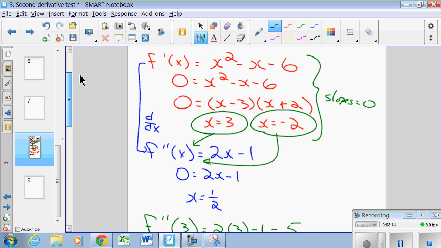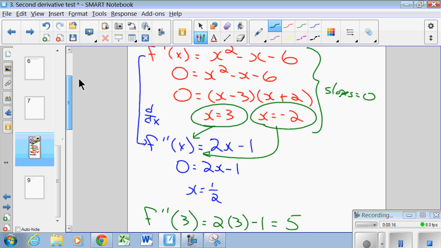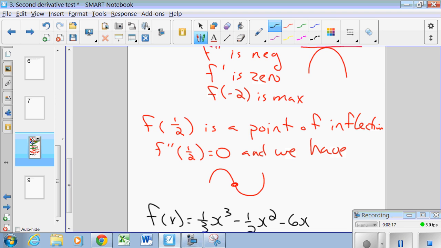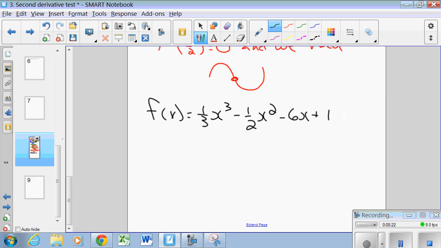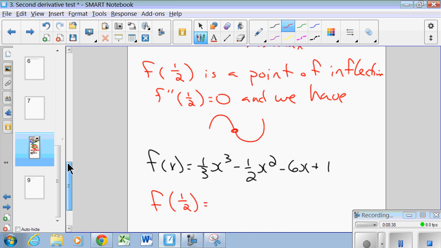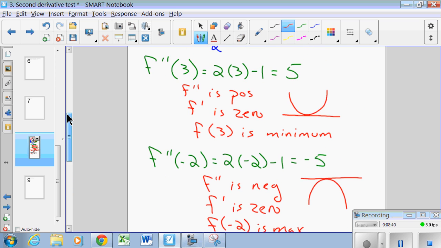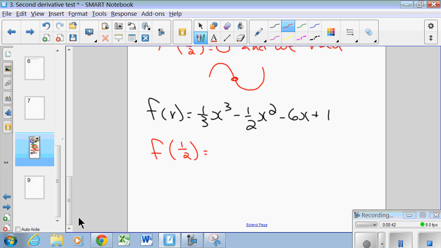And plus 1. So put a 1/2 in there and work it out. And this would be a great time for you to test your fraction skills. This would be a great fraction question to do. Negative 2 and 3 as well.